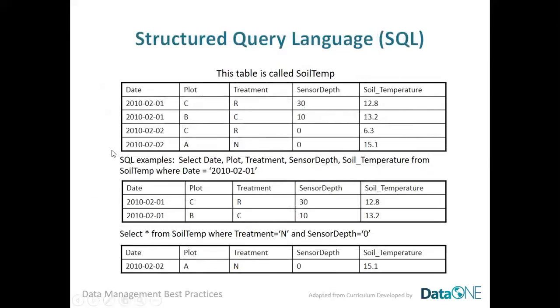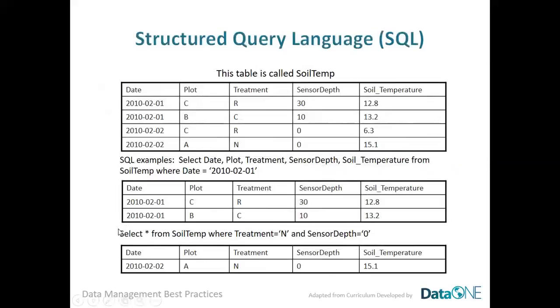So you're able to run a query and, for example, say, I want to select the date, the plot, the treatment, the sensor depth, and the soil temperature from the soil temp table, which is the top table, only where the date equals February 1st, 2010. So it will bring back only those data points that contain that date, February 1st, 2010.